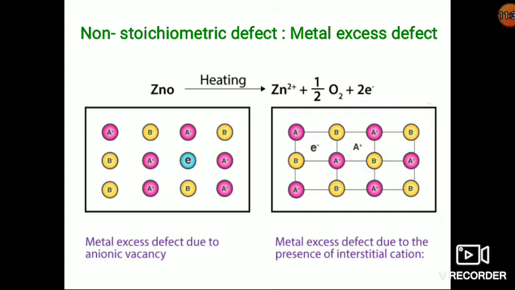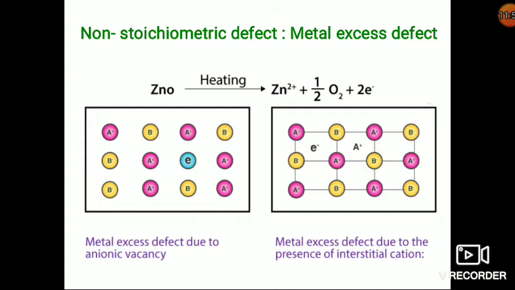One example we'll take here to understand metal excess defect due to anionic vacancy. Suppose it's a crystal of sodium chloride. Now in sodium chloride, A plus will be your sodium plus and B minus will be your Cl minus. So let's think that it's a Na plus Cl minus Na plus Cl minus crystal.